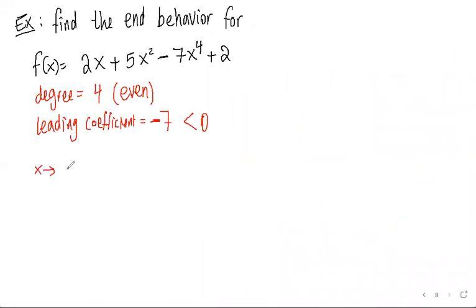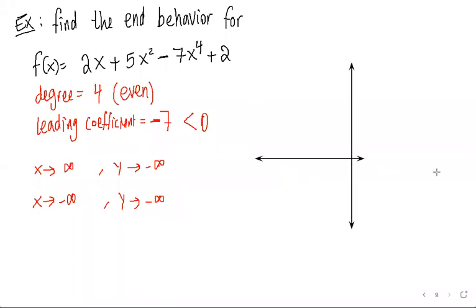When x goes to infinity and when x goes to minus infinity, y goes to minus infinity, and y again goes to minus infinity. So the graph will be something like this. It goes down, it goes up, like some stuff here, I don't know what it is, but then goes down.